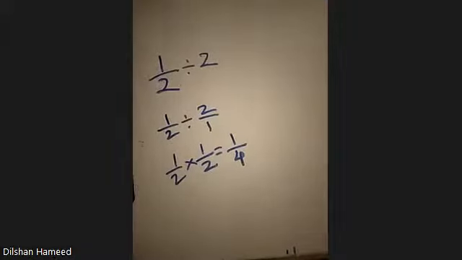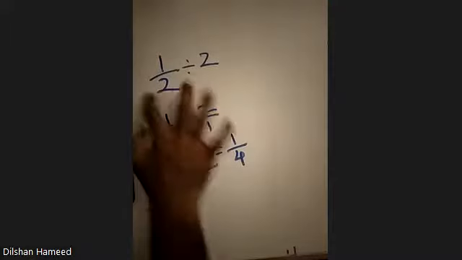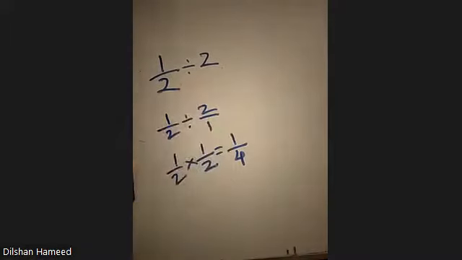Okay, right. So here the answer is, if you have half a bread and you want to divide it between two people, it's a quarter piece, right? Okay.